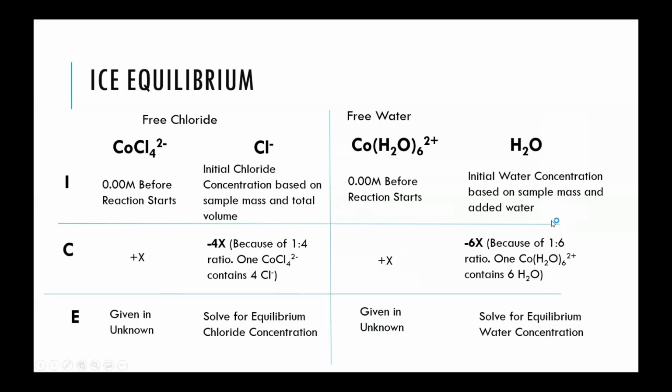The same can be true with the water. You have the initial water concentration. This is coming from both the sample mass and from the water that was added. And for every 1 cobalt hexaaquo complex, 6 of these water molecules are being taken away and used up in that complex, so it's no longer free-floating water.